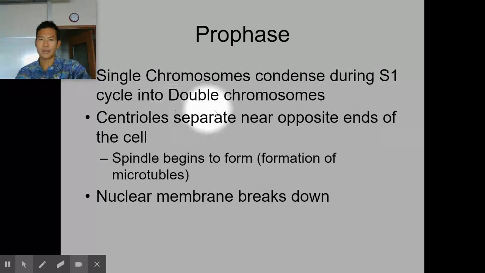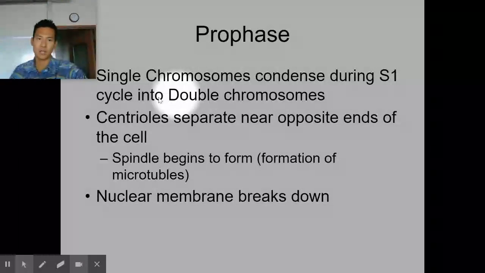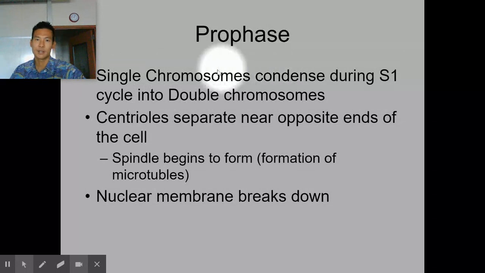So at the start of prophase, in the mitosis cycle, you have to have your X-shaped double chromosomes, because your single chromosomes, your DNA during synthesis cycle, started to double. That's the most important characteristic.